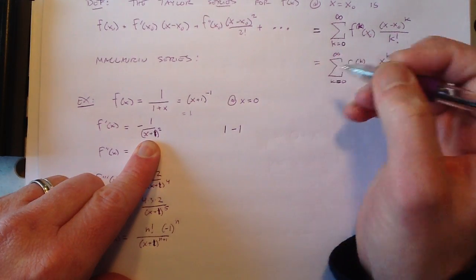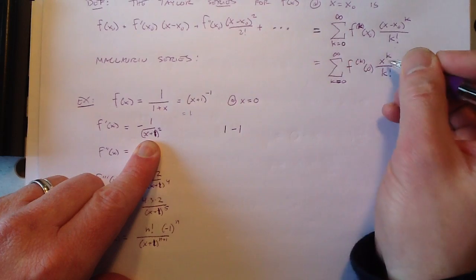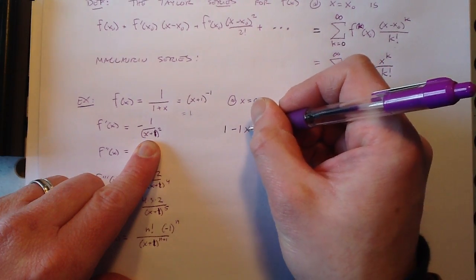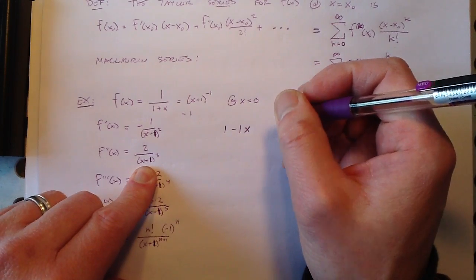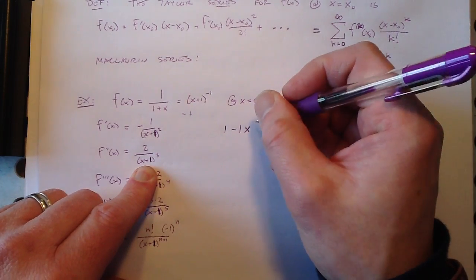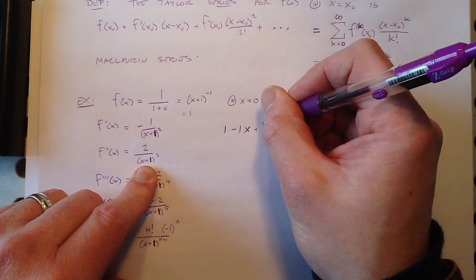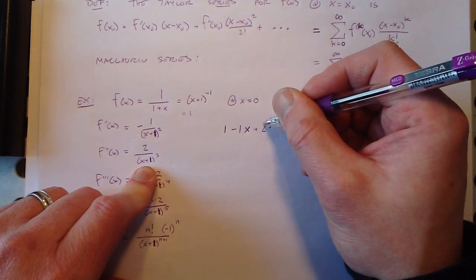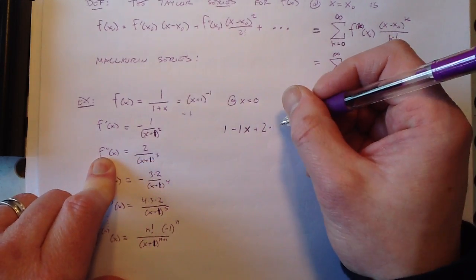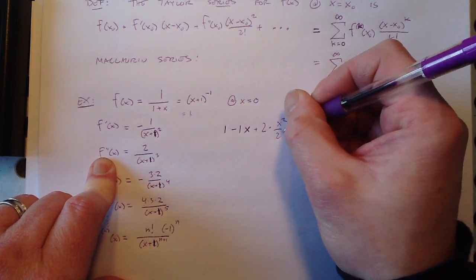Right? Times x to the 1 over 1 factorial. When I plug 0 in here, I get 2 times, this is the second term, right? So that'd be x squared over 2 factorial.